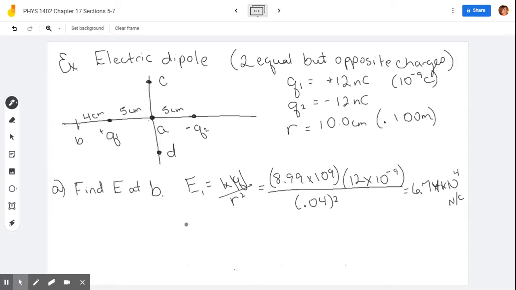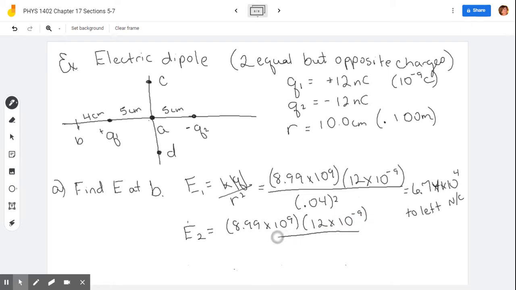Now, in what direction? Well, let's think. If I'm a positive charge and I'm at point B, I am repulsed by this. It's going to be to the left. Remember, it's going to point away from this positive charge. So if I'm at B, I'm going to feel a force to the left. Now, the second part, let's do for the other one, same formula, but this time we have a different distance. Still 12 nanocoulombs.